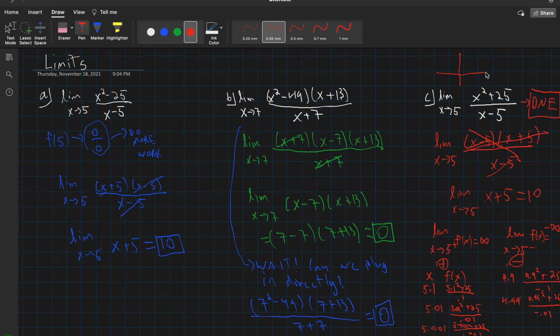if you were to graph this around 5, you're going to end up with some sort of behavior where approaching from the left, it's going like that, while approaching from the right, our behavior we expect to be something like this.